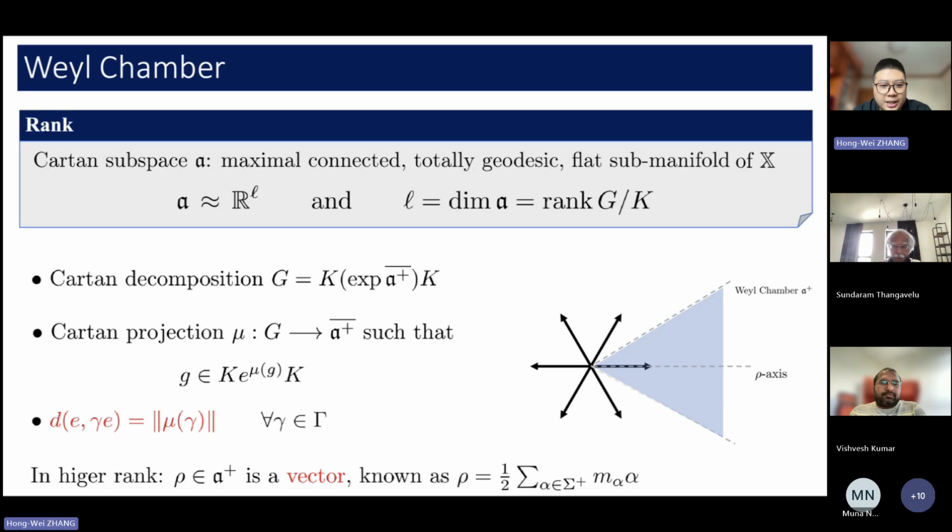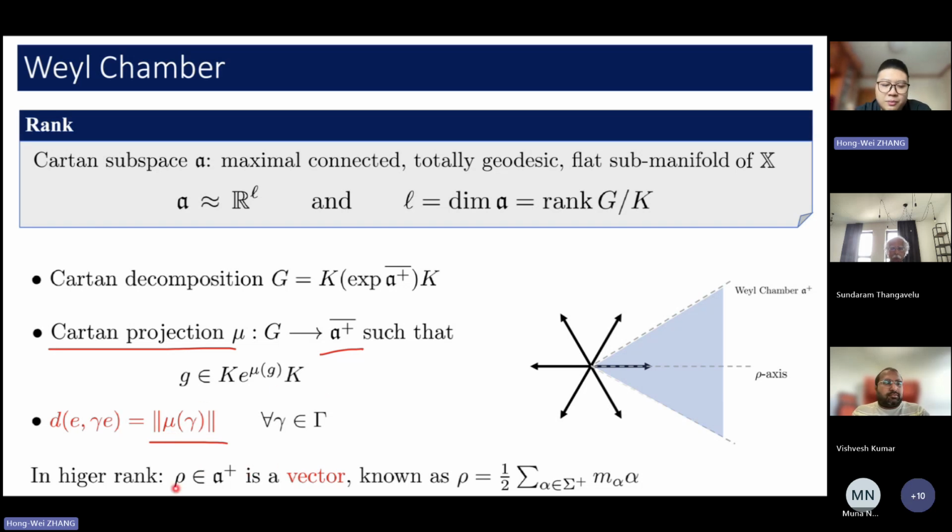And the last notation is this Cartan projection, which maps a function from the semisimple group G to the Cartan subspace. We use the notation mu, the Cartan projection. It means that if we consider the identity point, the length of the orbit gamma is just the Euclidean length of mu gamma. We can project it to the Cartan subspace and we consider its length.